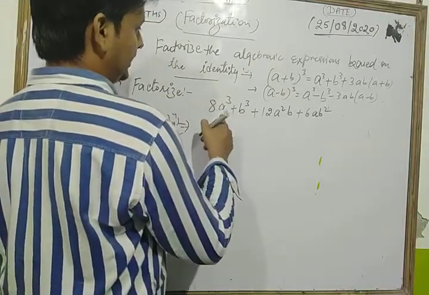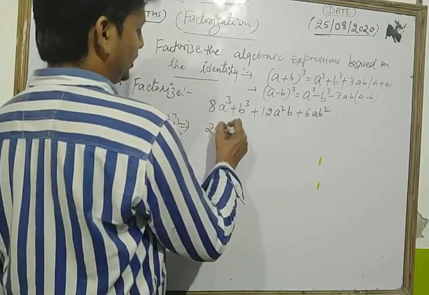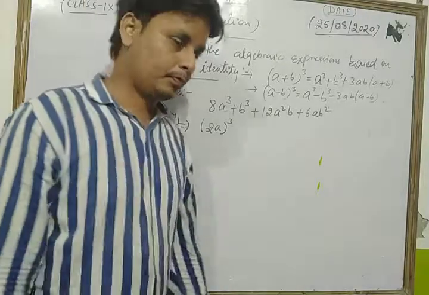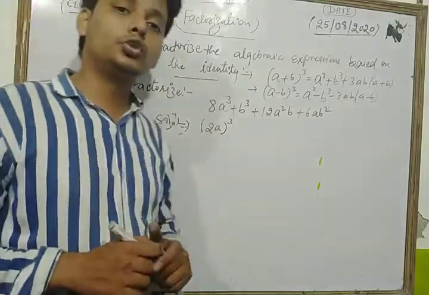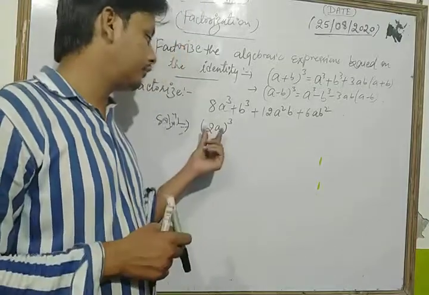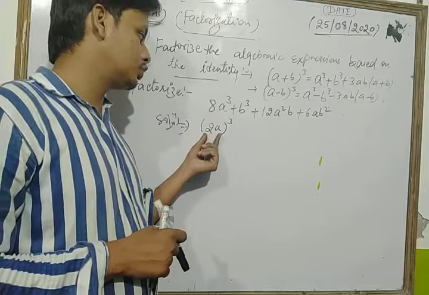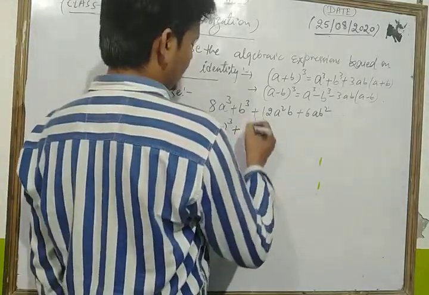First we write 8a cube as 2a whole cube, because the cube of 2 is equal to 8, so we write 8a cube as 2a whole cube. Now plus b cube.